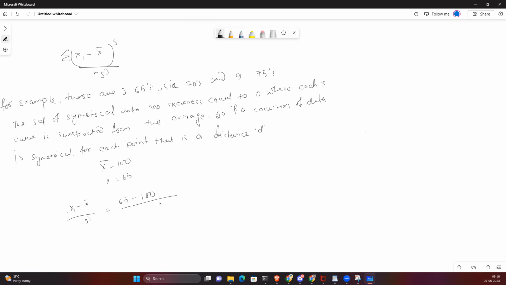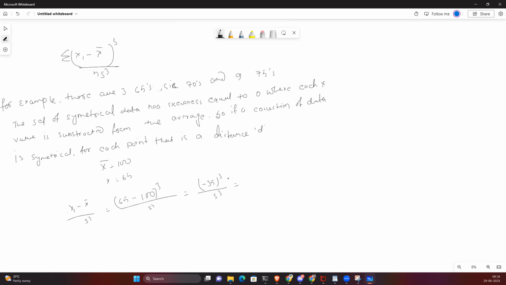S means standard deviation, right? And this will be the whole cube. So this will be minus 35, the whole cube, divided by s cubed.